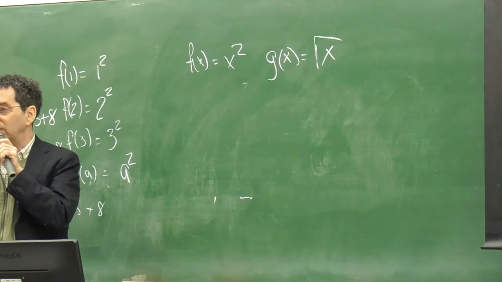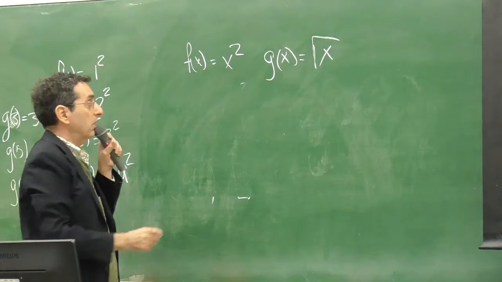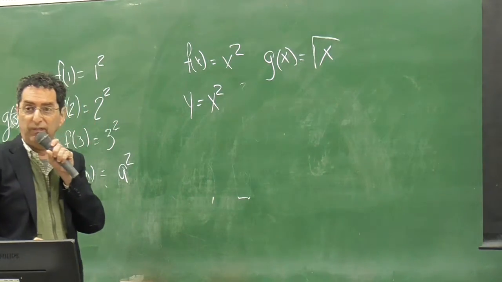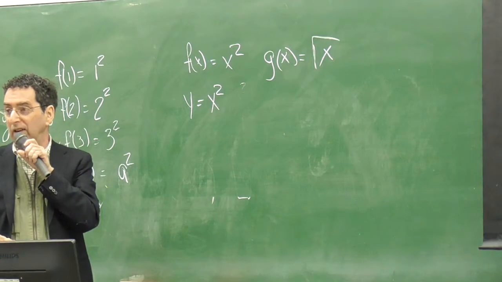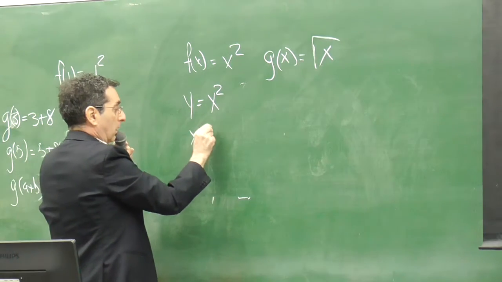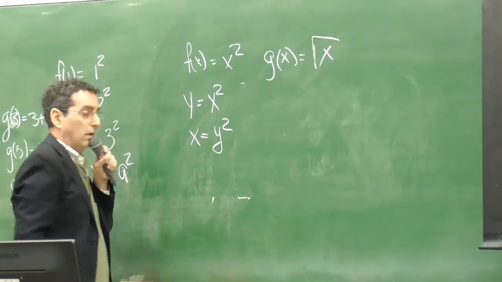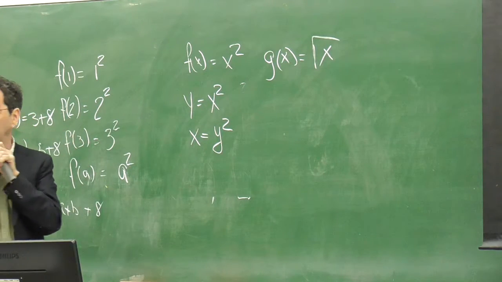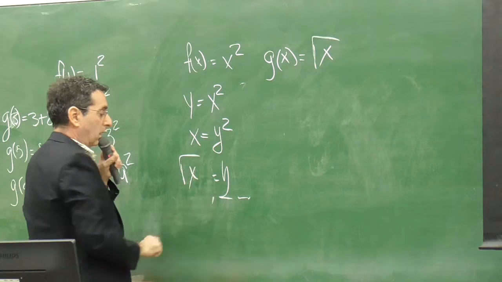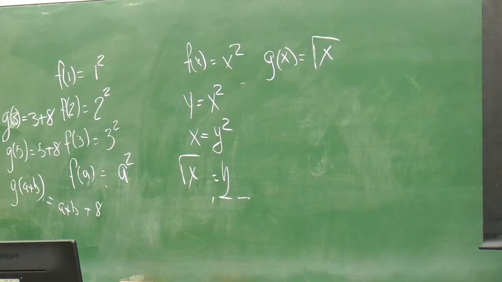But let's just make sure using that trick. So what's the trick? Write that, and then what? Switch x and y. Remember, that's not a legal operation, but, okay, and then solve for y. So it does work. Okay, we started with x squared, and we end up with the square root. So that seems to work.